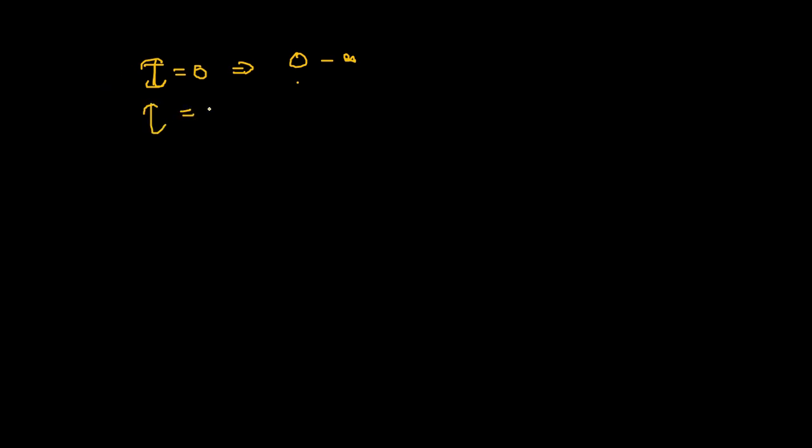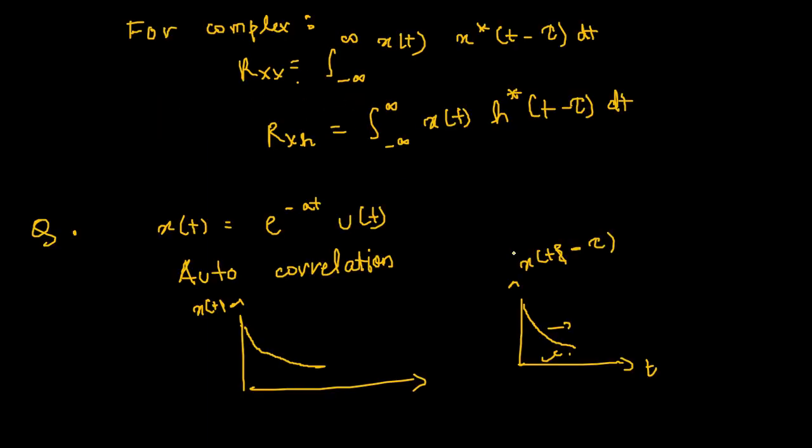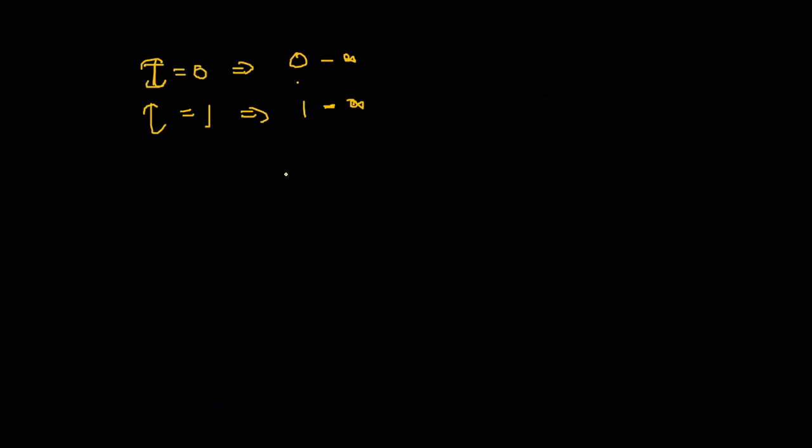So for tau equal to 1, the graph is there between 1 to infinity, because this graph has been shifted 1 unit. Between 0 and 1 there is nothing in the second graph, so any multiplication in that region will give us 0 itself. Tau equal to 2 is defined from 2 to infinity, and so on. So tau equal to n will be defined from n to infinity.